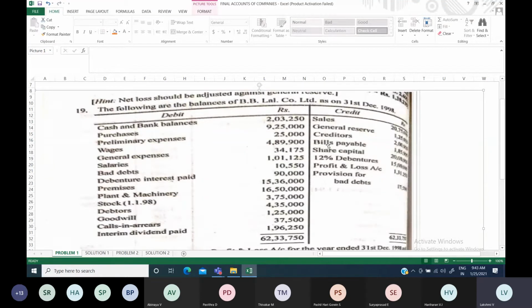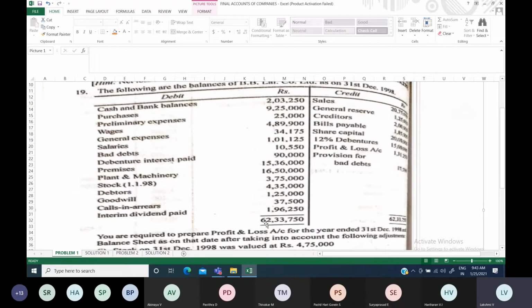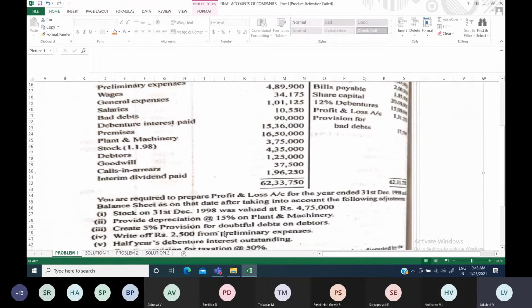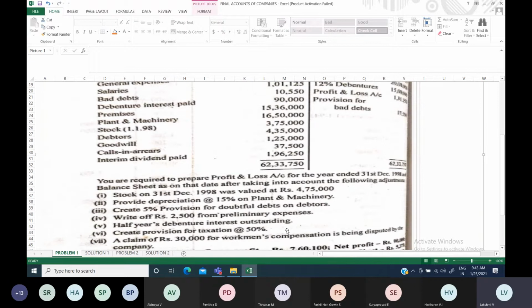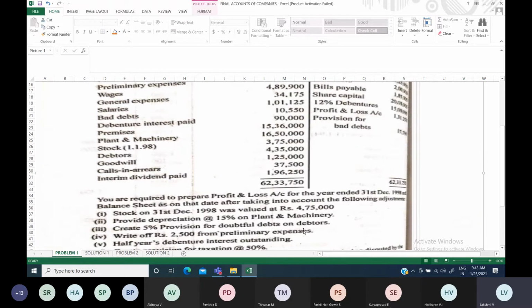Whenever the amount and the rate of interest are known to you, you can calculate the interest amount. But the interest amount you calculate is for 1 year. So you have to calculate for 6 months, because only 6 months is outstanding for us. Half year, so you have to multiply by 6 by 12. So let me show the working.